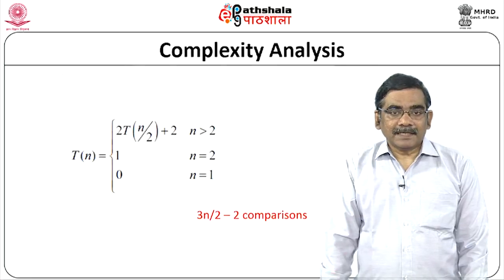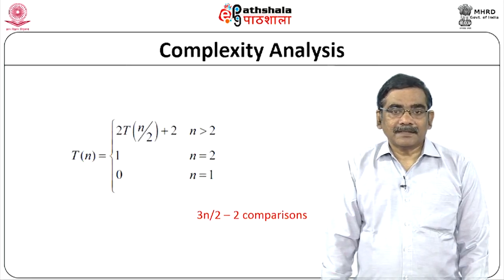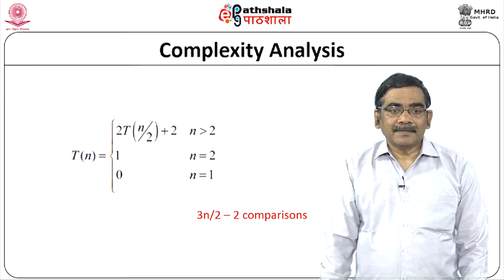What is the complexity analysis? The complexity analysis is going to be like this: T of n is equal to 2T of n by 2, because this is a divide and conquer strategy. We are trying to divide by half, and one comparison is required for finding the minimum, and one comparison is required for the maximum.